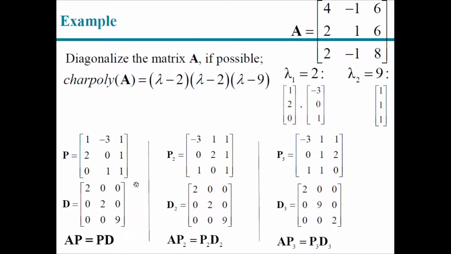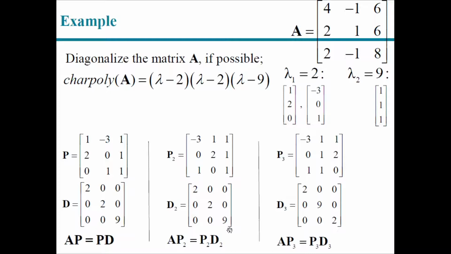If you wish to verify, you need to compute AP and PD and compare them. Somebody else could decide to swap the order of the eigenvectors, still those corresponding to 2 and 2, and that's fine, there's nothing wrong, and still keep the eigenvector corresponding to eigenvalue 9 in the third column.